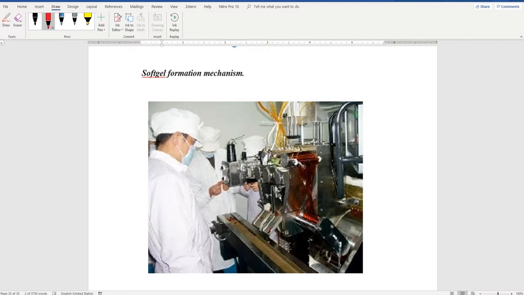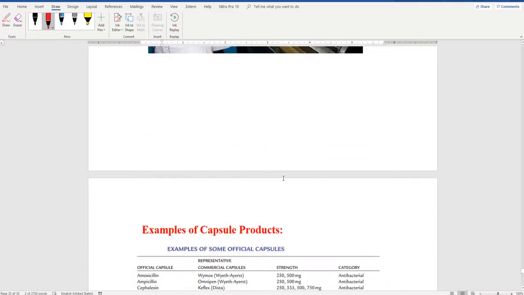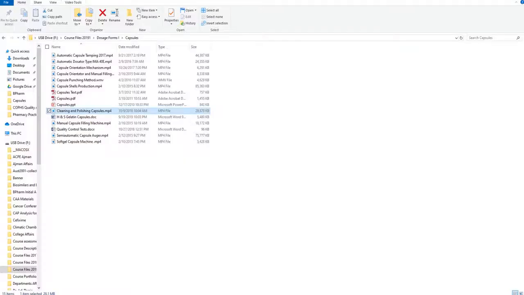It's expensive. That's why usually they outsource. Outsource يعني they use an outer source to produce their soft gelatin capsules. I will show you a video on how the soft gelatin capsule shells are produced. Okay.